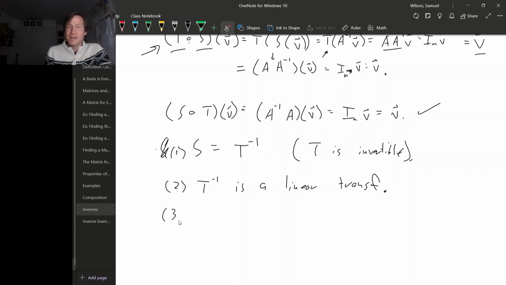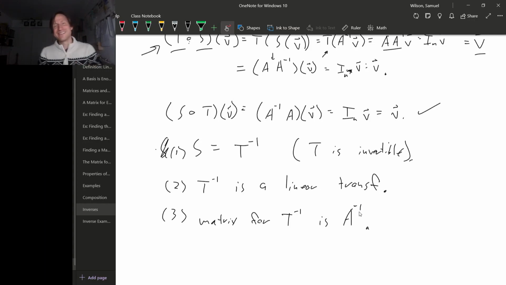And the third thing is the matrix for the inverse function, T inverse, is the inverse of the matrix for T, which you would hope is the case, and it is the case, right? That's the nice thing about linear algebra. A lot of things that you hope would be the case are the case.